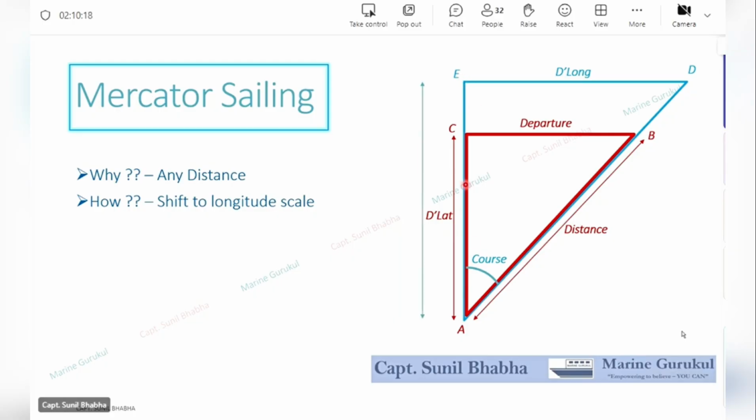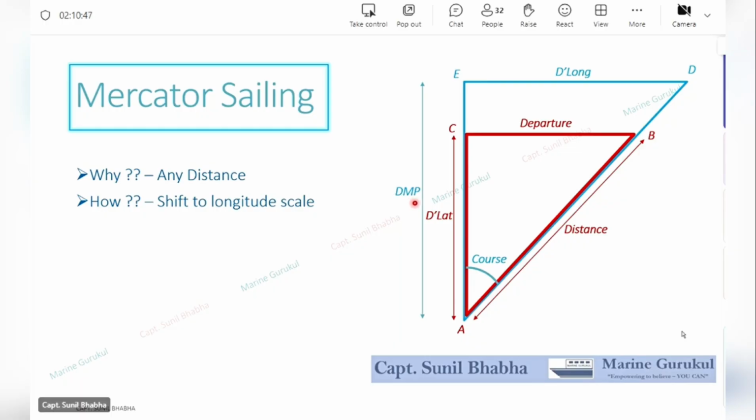When we measure the vertical side, that is Alpha to Echo, on the longitude scale, this gives us what we call as DMP, difference of meridional parts. If the side was measured on the latitude scale, it gave us the d-lat. But if the same side is measured on the longitude scale, it gives us the DMP, difference of meridional parts.